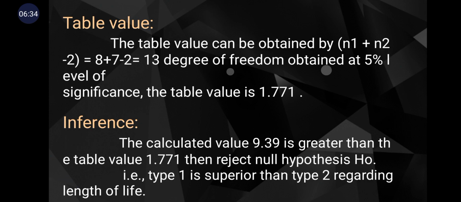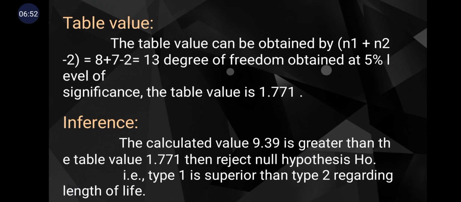Next step, we follow the table values. The table value is obtained with n1 plus n2 minus 2 degrees of freedom, at the 5% and 1% level of significance.